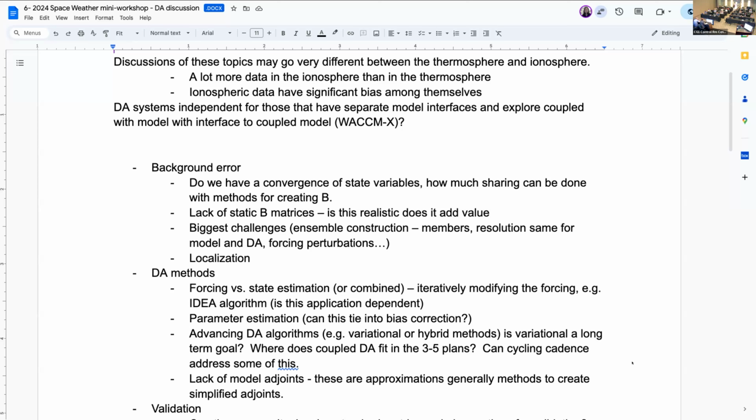So I think there's an advantage of forcing for the thermosphere, but the ionosphere might be really tricky because there are a lot of localized features. That's what we're looking for, right? So changing the forcing is not going to change the structure in the ionosphere model that we're looking into. So I think that's a problem. The other thing that we're encountering with the forcing is, if I can't just change the forcing, then what am I going to do with the forecast? If I change Kp and F10.7 now, what am I going to do tomorrow?